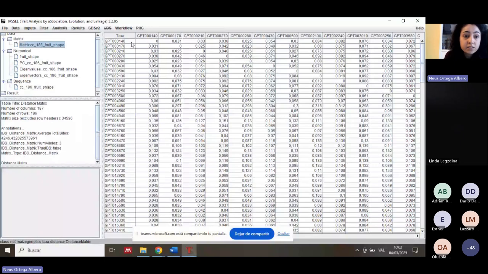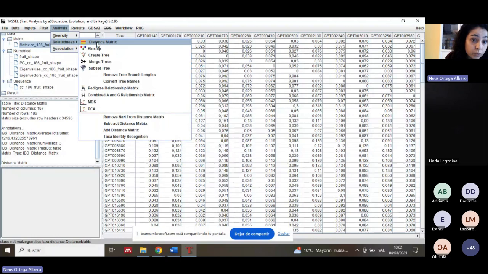And easy, we have here all the relationships, all the calculated genetic distances between each individual and the rest of the individuals. Okay, and now we're going to take this distance matrix into account to do the GWAS analysis.